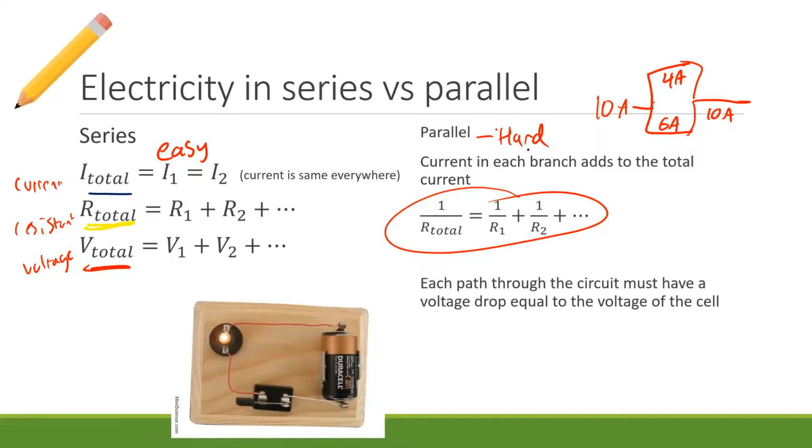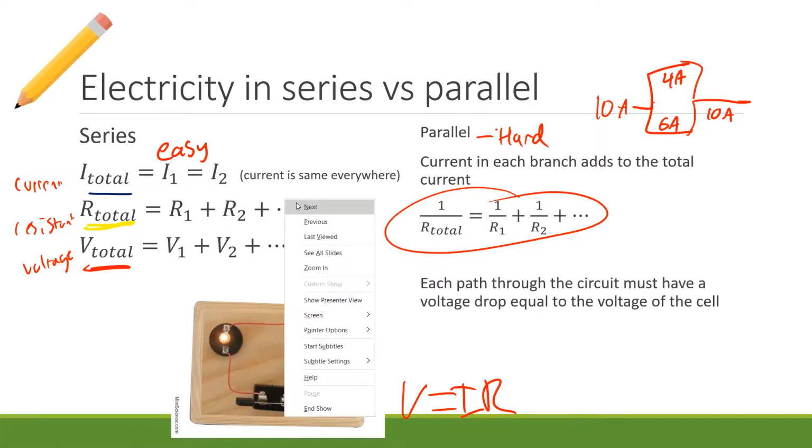The main rule that they both follow, whether you've got series or parallel, is V equals IR. Doesn't matter which circuit you're looking at. So let's look at an example of this current resistance rule here, and then we'll jump in.